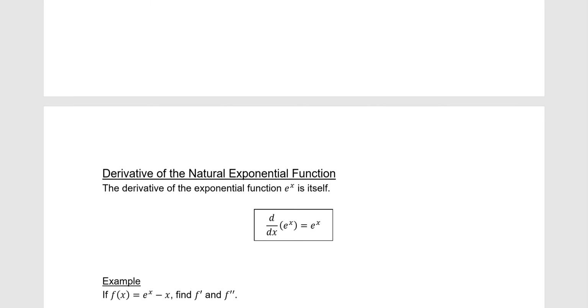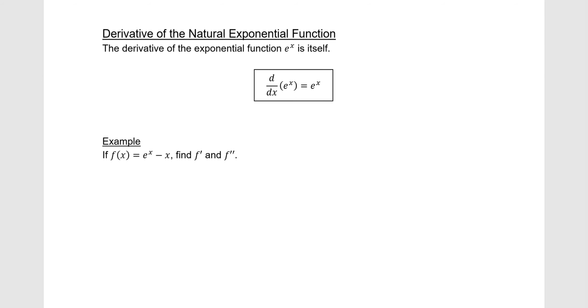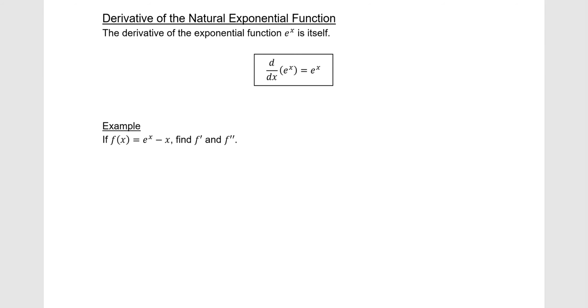Okay, so that brings us to another important property of e, the derivative of the natural exponential function. So e to the x, the function y equals e to the x, is the natural exponential function. If we take the derivative of it, it equals itself.